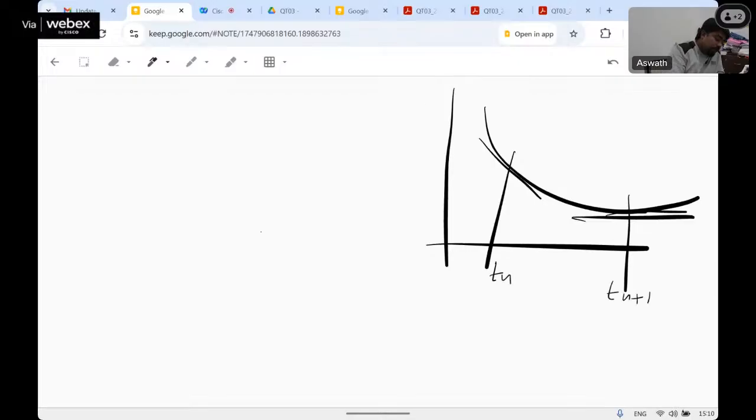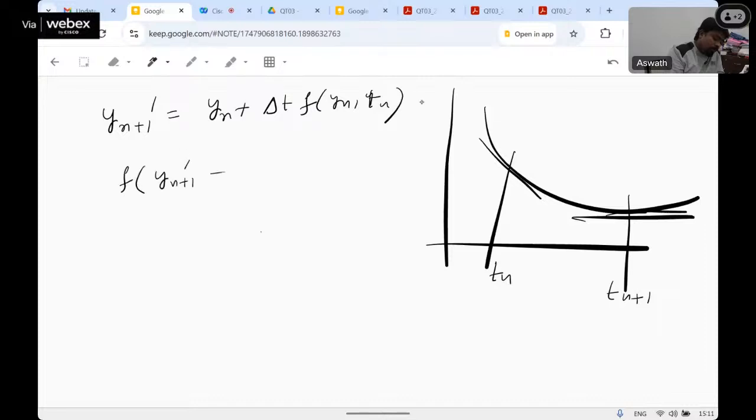First use the Euler method, find the new point using the same simple technique. Now you just drop a slope at the new point, which is y n plus 1 prime comma t n plus 1. So you get two slopes.